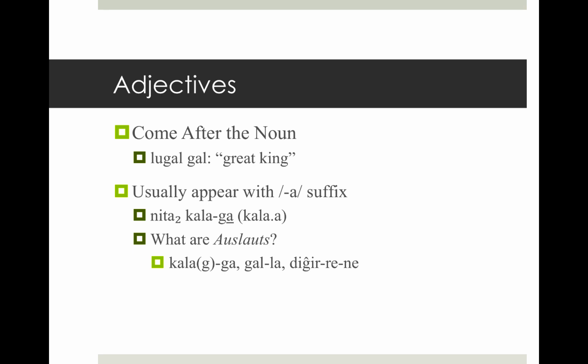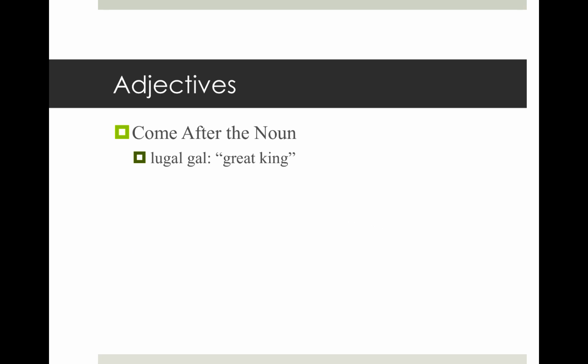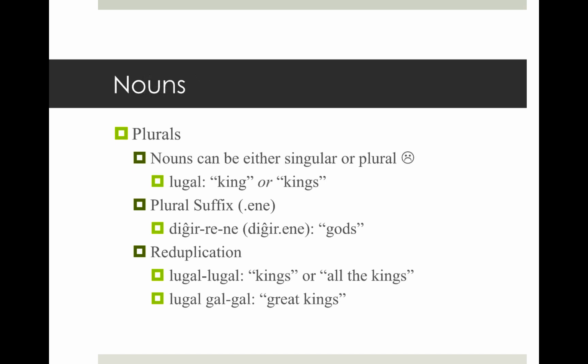Auslauts, there are many words that when they end in a consonant, so for example, let's go back. Dinger ends in an R. Oftentimes, when they want to put a vowel as a suffix on a word that ends in a consonant, they will reduplicate the consonant before they put the vowel. So instead of saying dinger ne, they will often write dinger re ne.